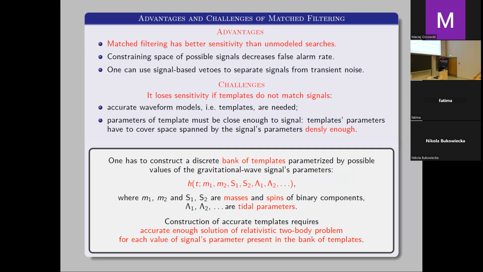There are spins, maybe some tidal parameters if we have neutron stars instead of black holes. So we need to construct not one template, but a discrete bank of templates, which are parameterized by the parameters of the signal. And construction of one accurate template requires an accurate enough solution of the relativistic two-body problem. And this is another story.